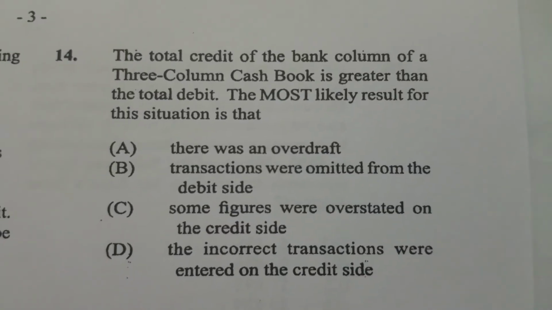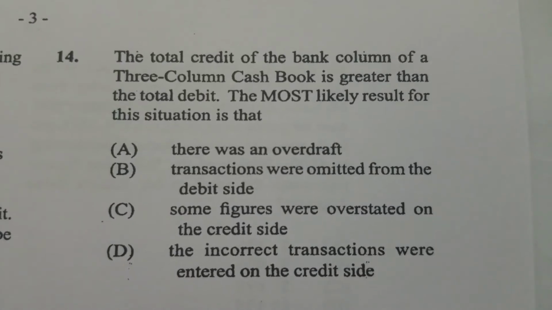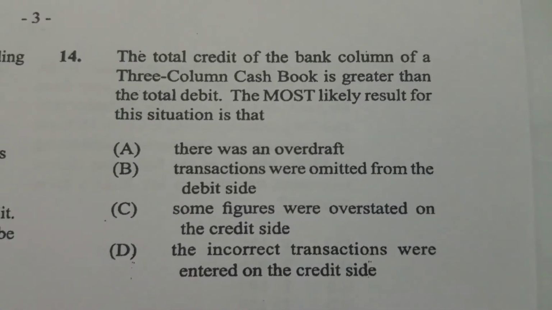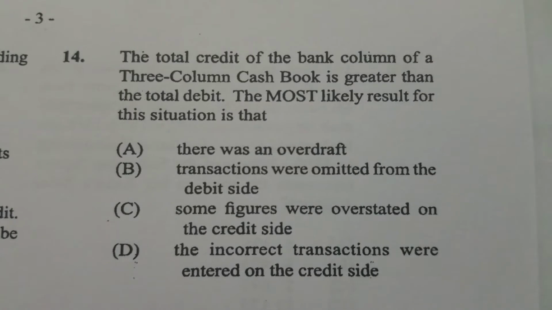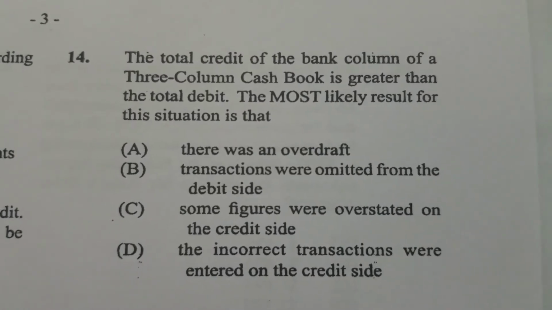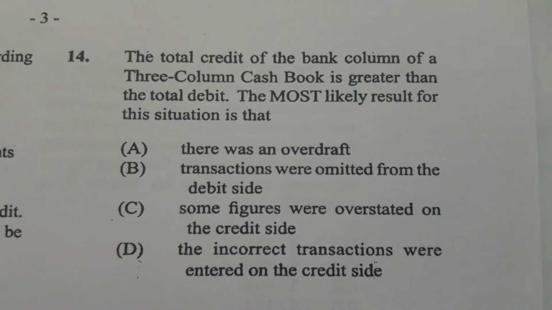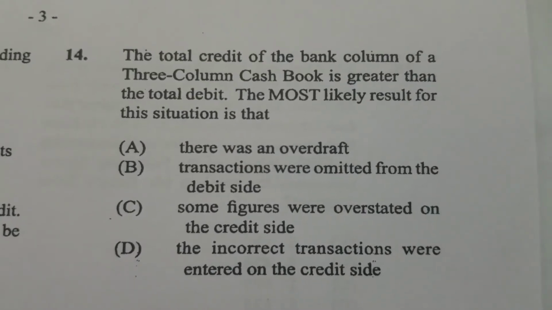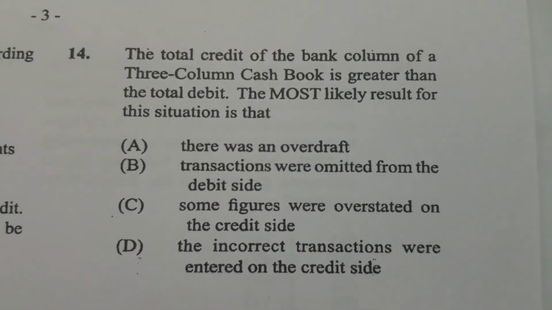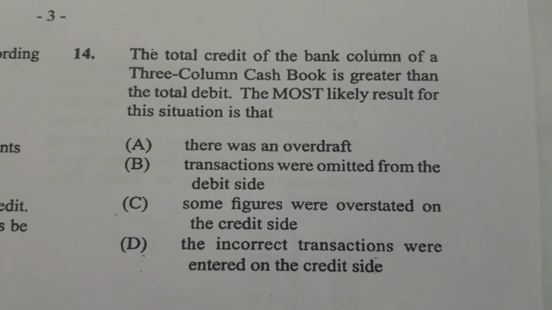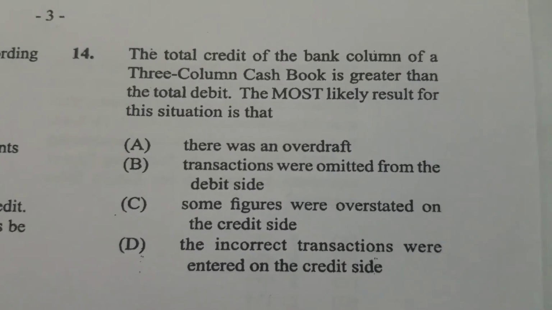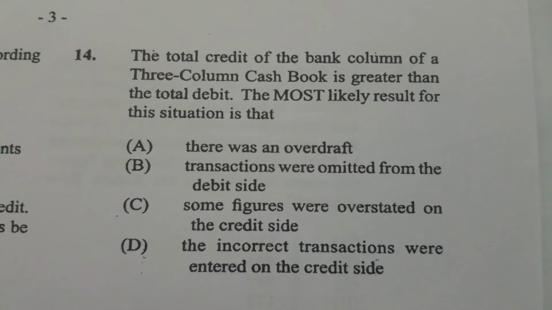Item 14. The total credits of the bank column of the 3-column cash book is greater than the total debits. So the question is, the most likely result for this situation is, and our answer here is A, that there is an overdraft.